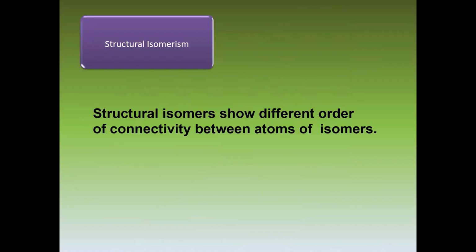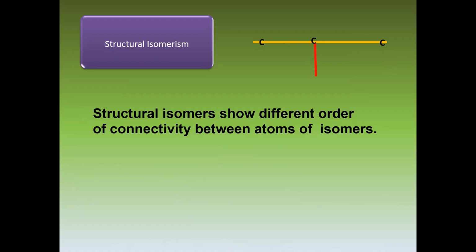Dear students, structural isomers differ in their connectivity, meaning the different isomers have different types of connection. For example, look, this is a carbon chain and your group or branch may be attached with carbon number 1 or with carbon number 2.